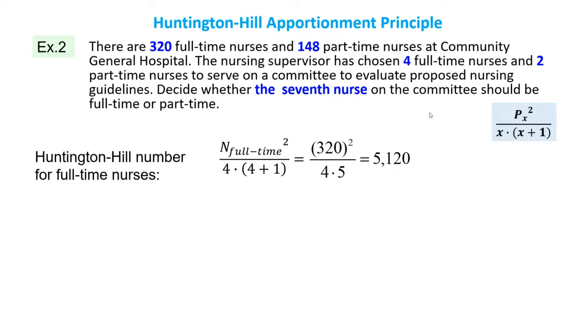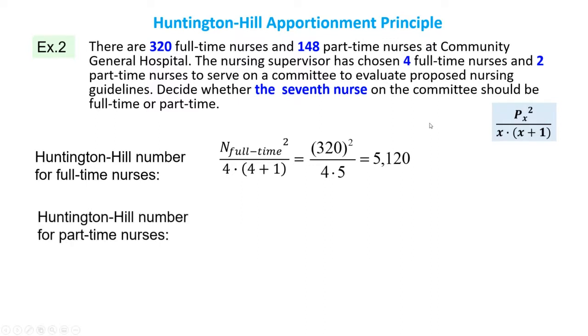You need this 5 in the denominator, so either you put 4 times 5 in the parentheses, it's good, or you type 330, then you square it, and then you divide by 4, divide by 5, but without parentheses. It will also work. If you use an online calculator like Desmos, then you will see what you are doing. You will see that you type 4 times 5 in the denominator.